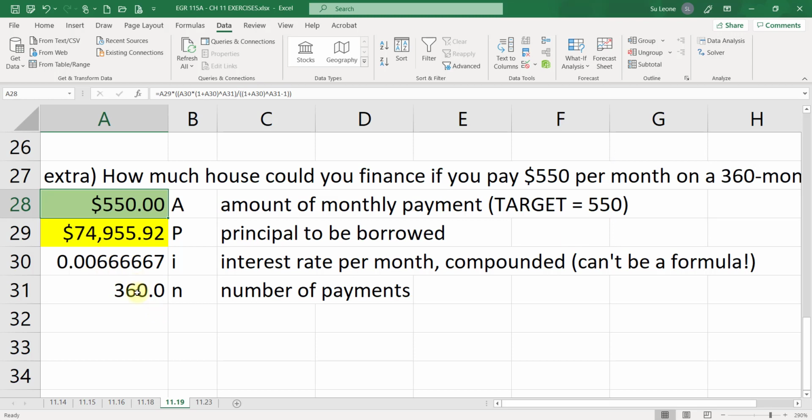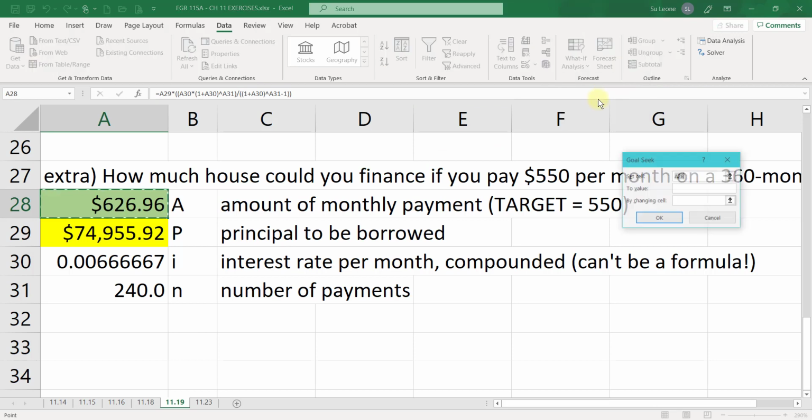Well, what if it was a 20-year mortgage? So 240 payments. In order to borrow that same amount, you'd have to pay $627 each month in your mortgage. Well, what if you say, well, you know what? I'm paying $750 in rent. What if I say I'm going to save some money and pay $700 a month for my mortgage, for a 20-year mortgage?